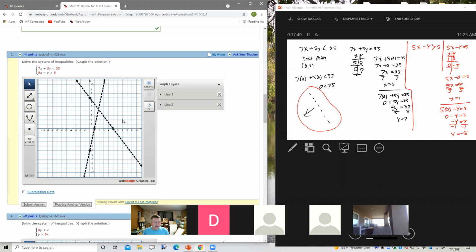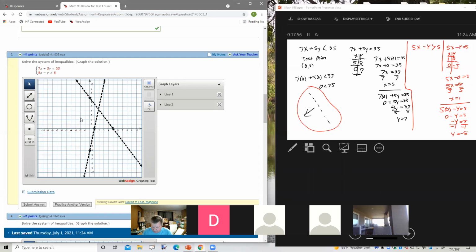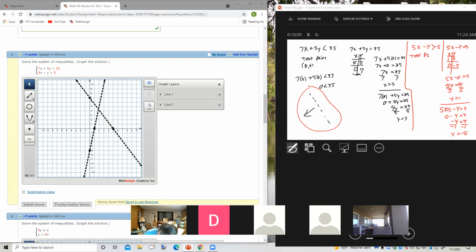Now, for line 2, again, I'm going to use 0, 0 as a test point because it looks very nice there. So 5 times 0 minus 0 greater than 5, 0 minus 0 greater than 5, 0 greater than 5, that's false.